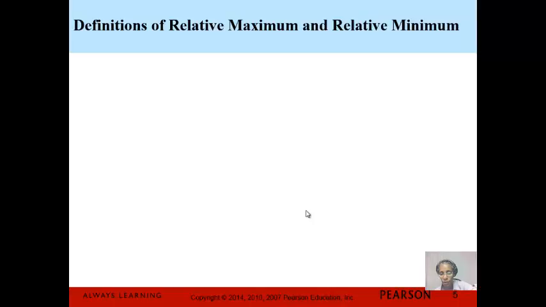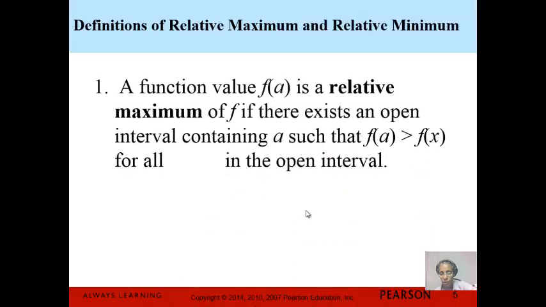Let's talk about the definitions of relative maximum and relative minimum. A function value f of a is a relative maximum of the function f if there exists an open interval containing a such that f of a is greater than f of x for all x not equal to a in the open interval.